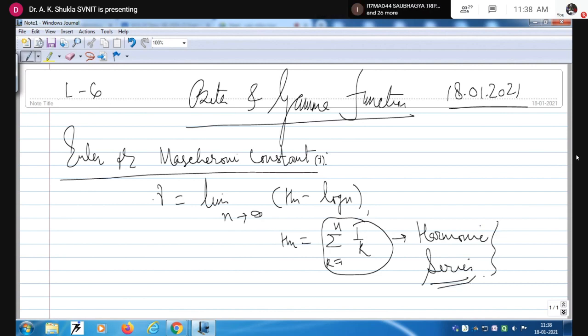And we have to prove that the value of this gamma lies between 0 and 1. So last time we discussed the behavior of this function.